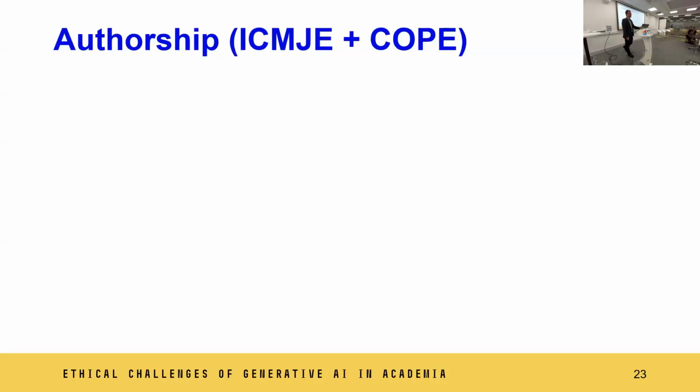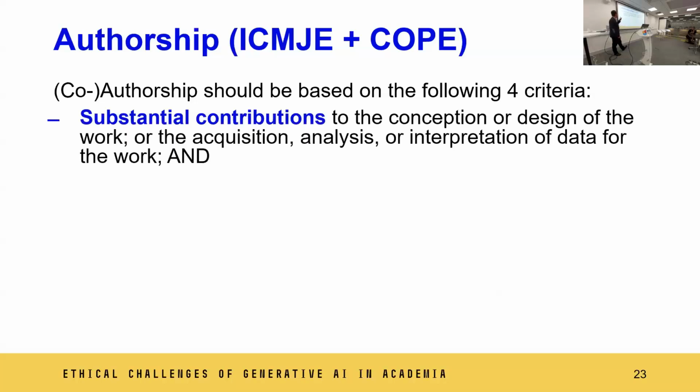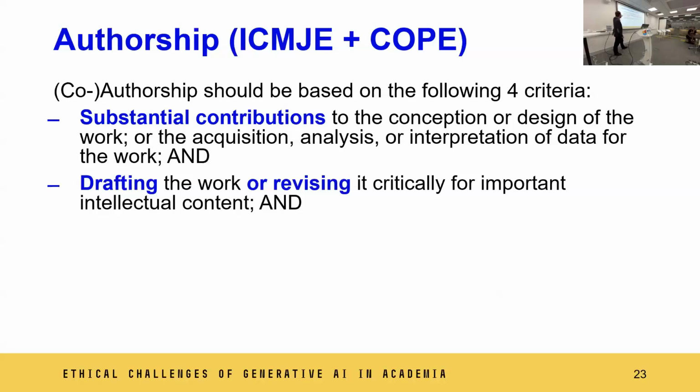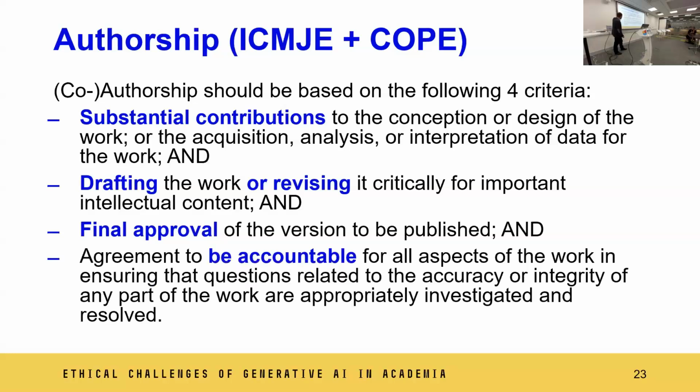It's based on the criteria of authorship from the Committee on Publication Ethics, that there are four criteria for authorship. First is a substantial contribution, then drafting or revising the work, and final approval of the version to be published, and agreement to be accountable, taking the responsibility for all aspects of the work.